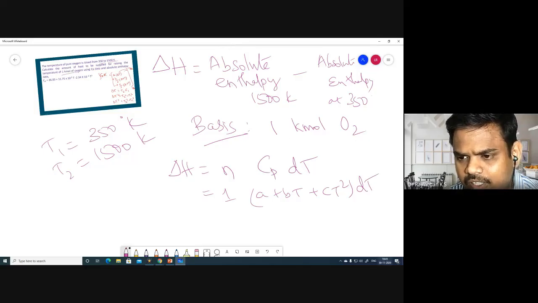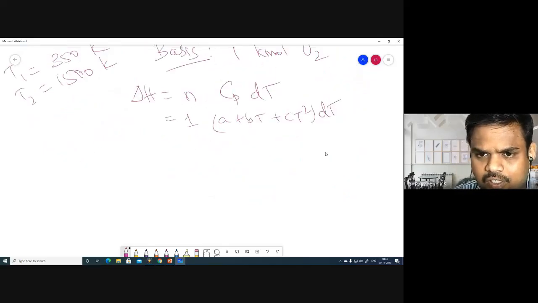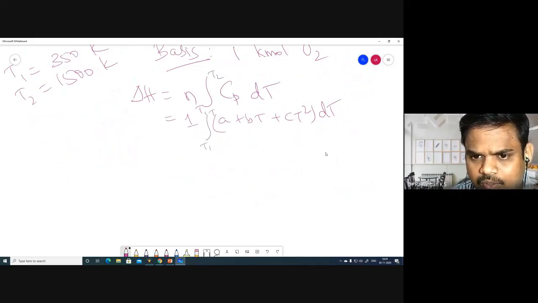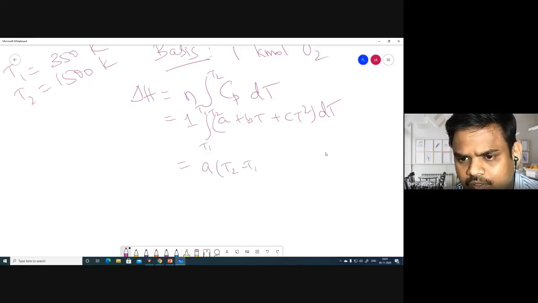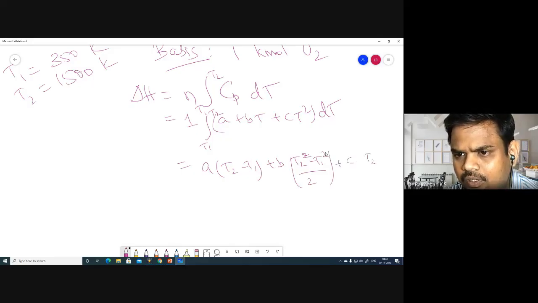So what will we get? The integral from T1 to T2, and that way what we are going to get is A into T2 minus T1, plus B into T2 square minus T1 square by 2, plus C into T2 cube minus T1 cube by 3.